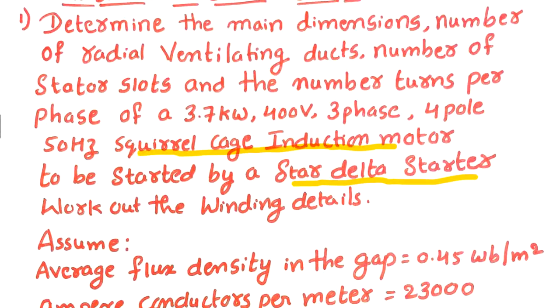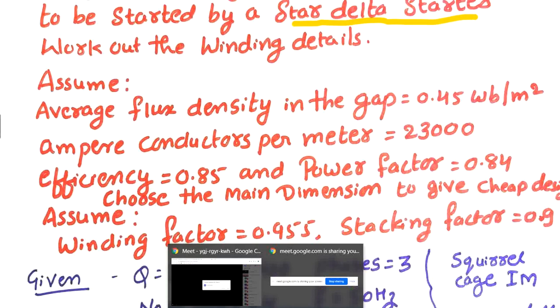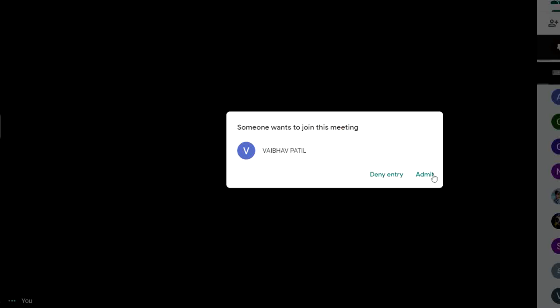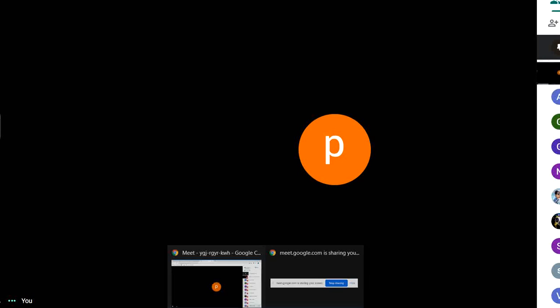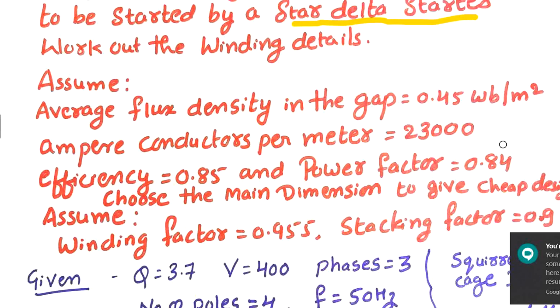Some values have been given. The average flux density in the gap is 0.45 Weber per meter square.